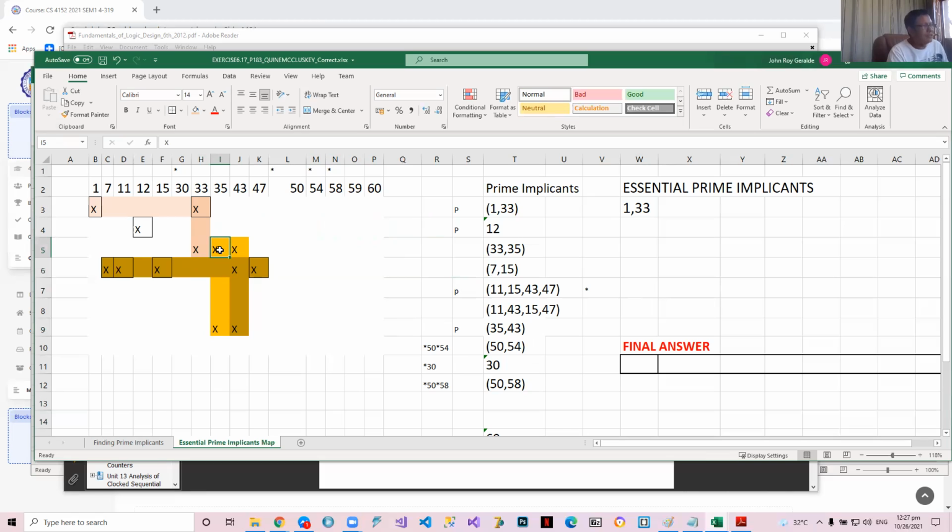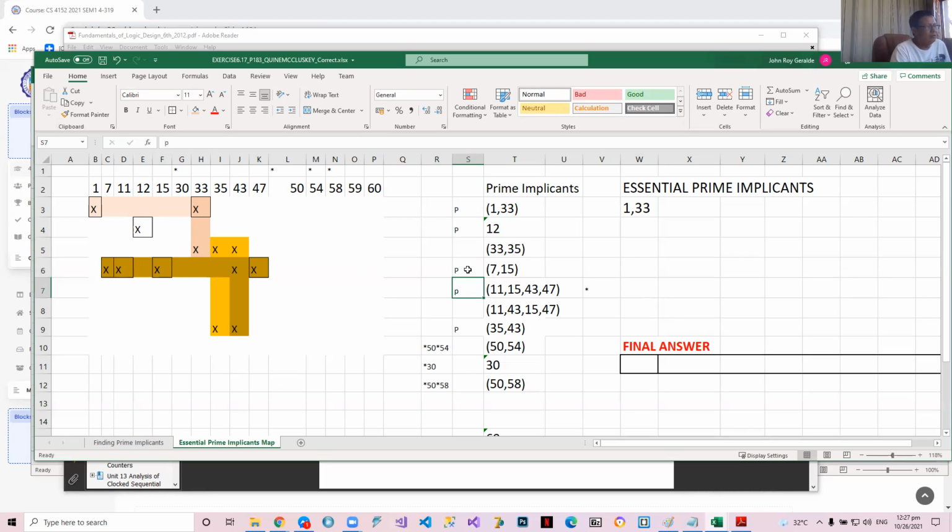Okay? 12 is an essential prime implicant because it's alone there. No? How about 7? Ito ang problema ko dito eh, yung 7, 15. What do we, because 7 and 15 are alone. Okay, 7, 15. Ito. These are alone.